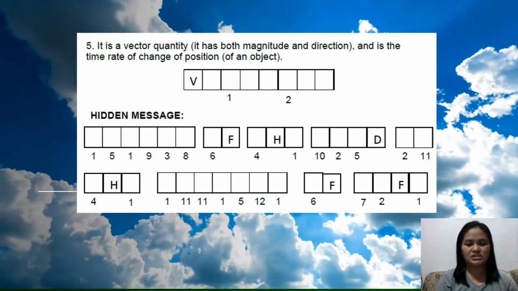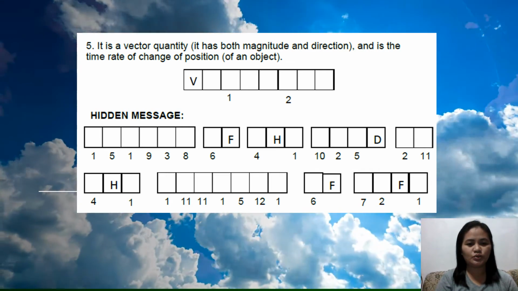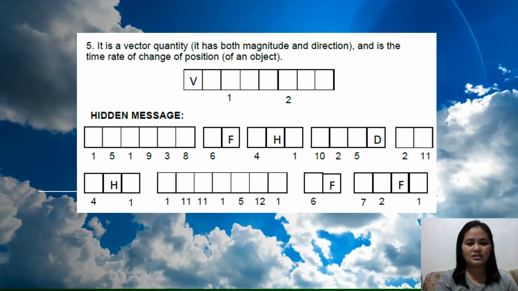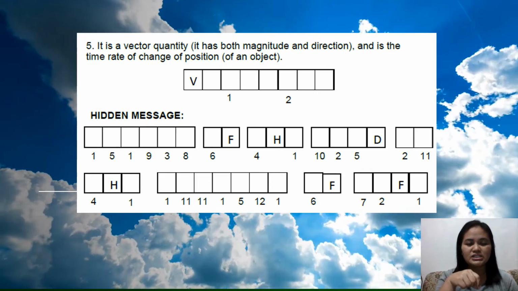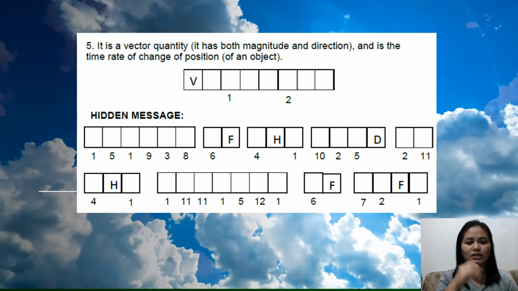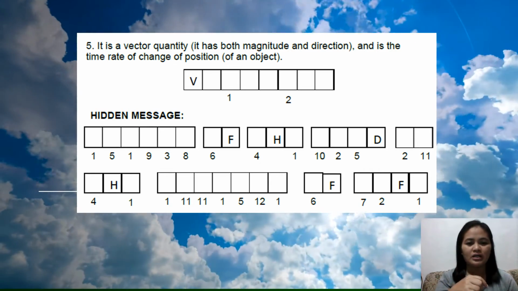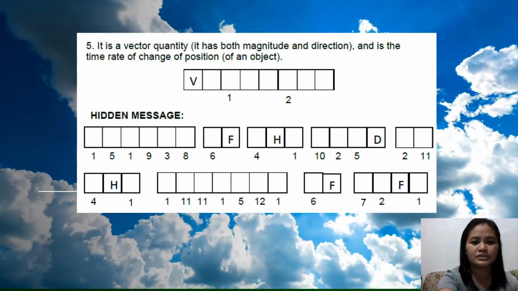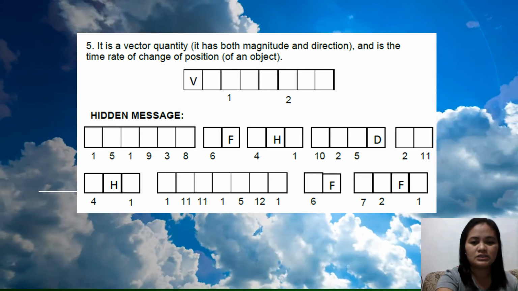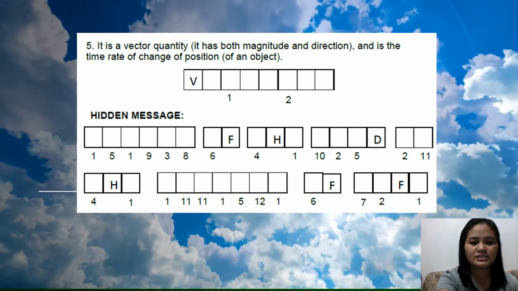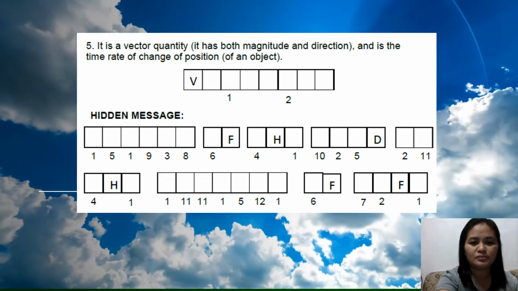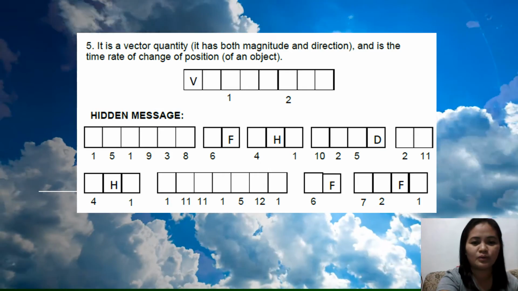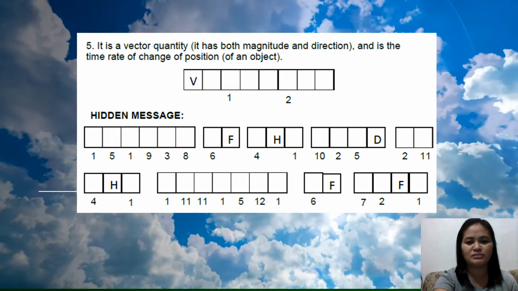Hidden message. So, sa hidden message na to, makakabuo ka ng sentence. So, dun sa mga letters na nilagay mo sa mga boxes ng 1, 2, 3, 4, 5, andyan na yung katumbas na letters. For example, dito sa number 5, yung third letter is number 1. So, yung number 1 na yan, na letter, i-fill up mo rin dito sa lahat ng number 1 dito sa hidden message.